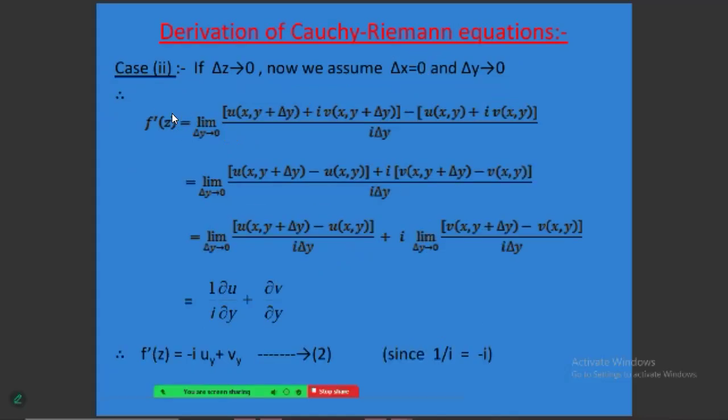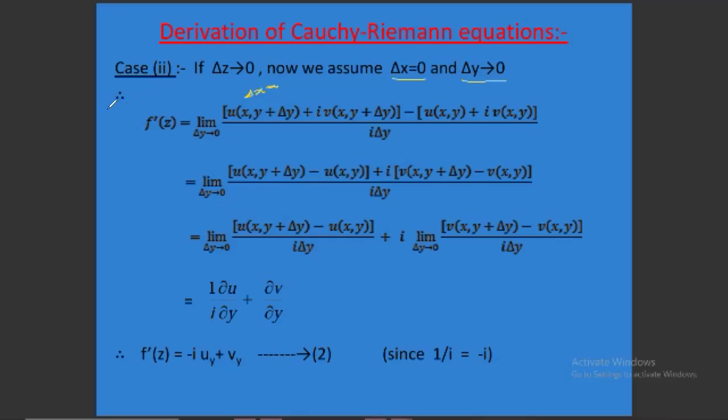Next, case 2. Similarly, we are going to do case 2. How? Assume del x as 0 and del y tends to 0. So, f dash of z, replace del x as 0. So, how it will be? Limit del y tends to 0, u of x plus 0 comma y plus del y plus i into v of x comma y plus del y minus u of x comma y plus i into v of x comma y, the whole divided by i into del y.